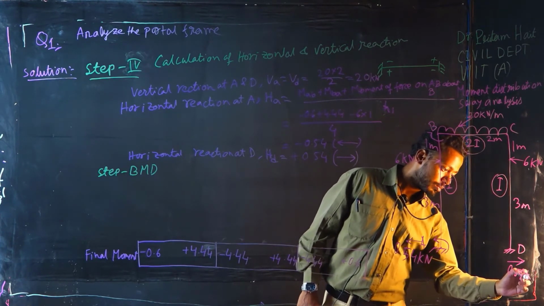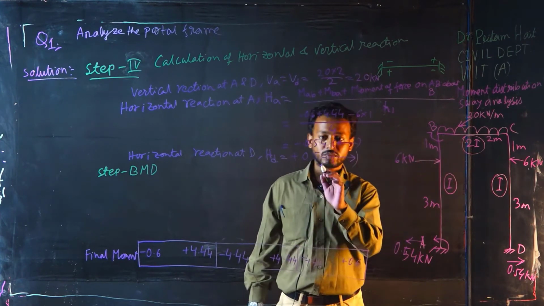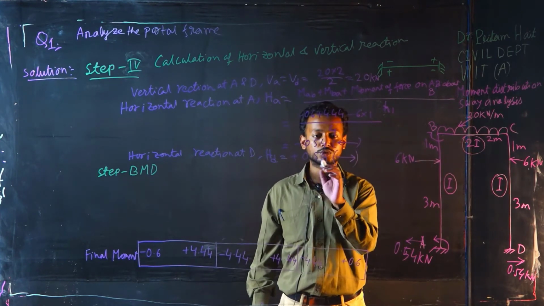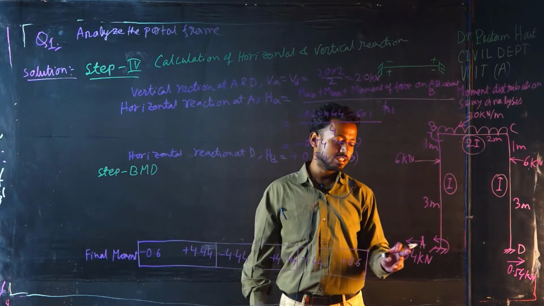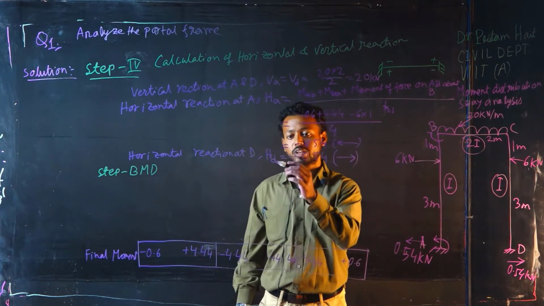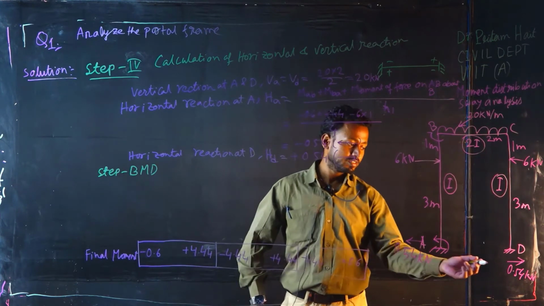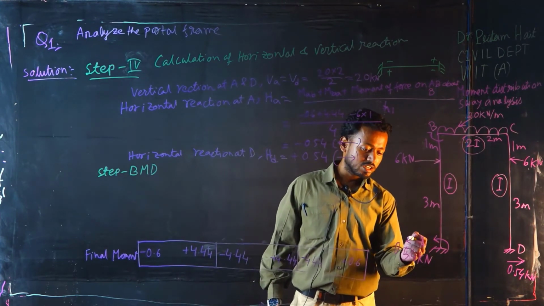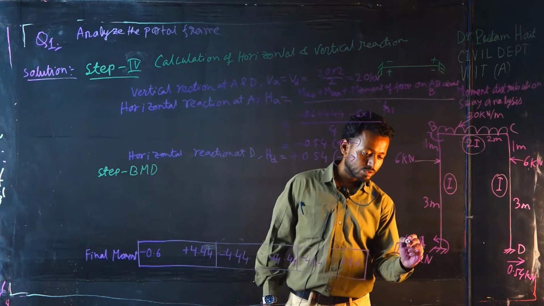So it is 0.54 kilonewton, but the direction of the force will be from left to right. Since HA is from right to left, so HD will be from left to right. Okay, so direction should be like this.